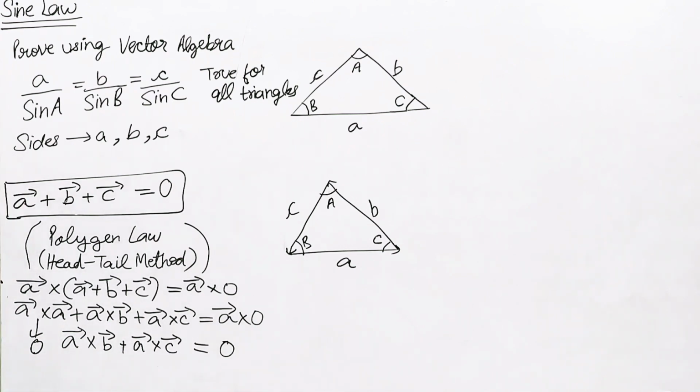So now what will be our next step? Our next step will be this. Vector A into vector B is equal to minus vector A into vector C. How?